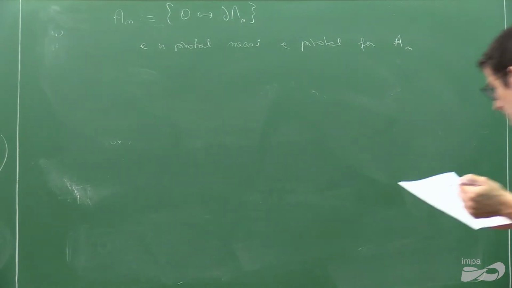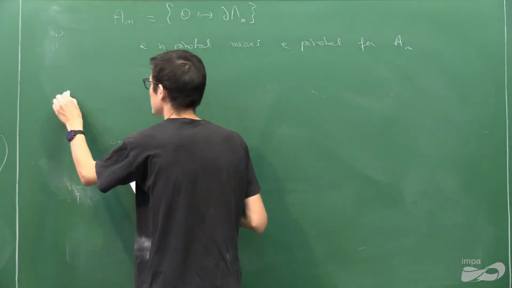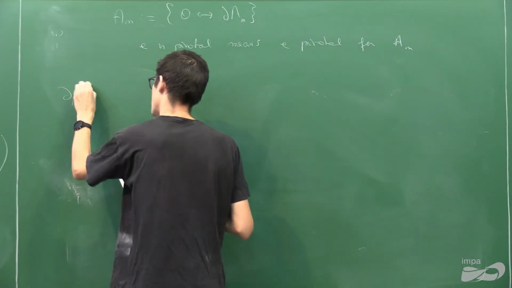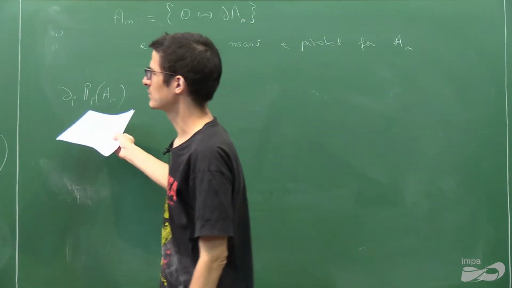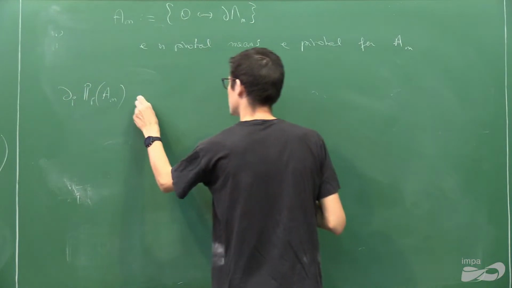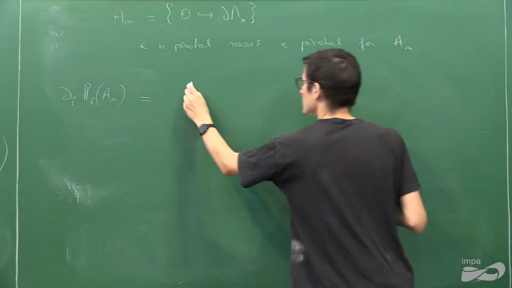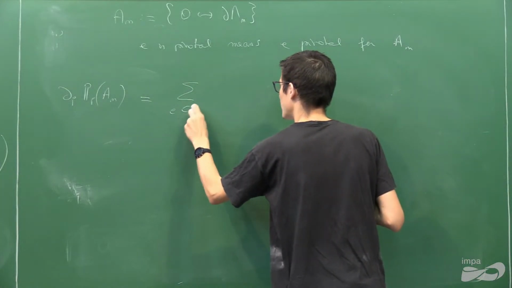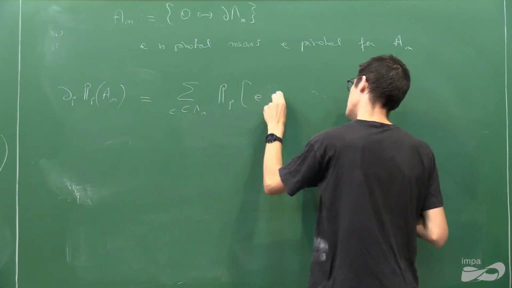So what we are going to use is Russo's formula, because this is what we are trying to estimate, and we know that it is just the expected number of pivotal edges, so it's the sum over edges in lambda n of the probability that E is pivotal.